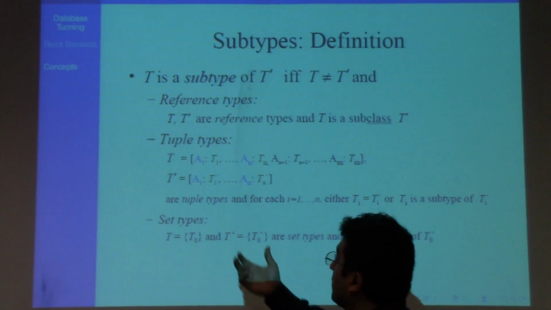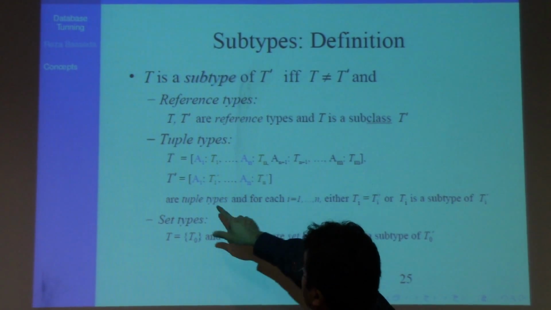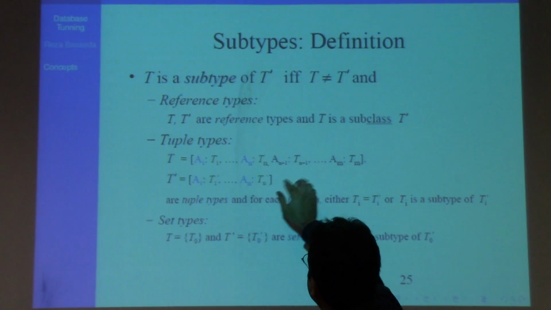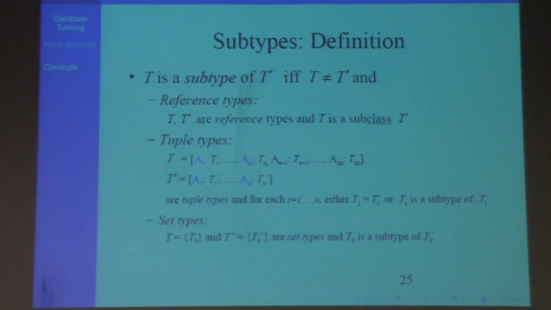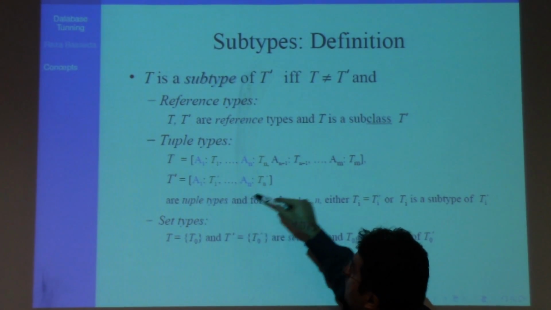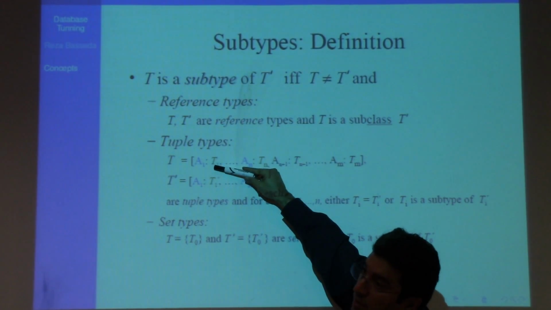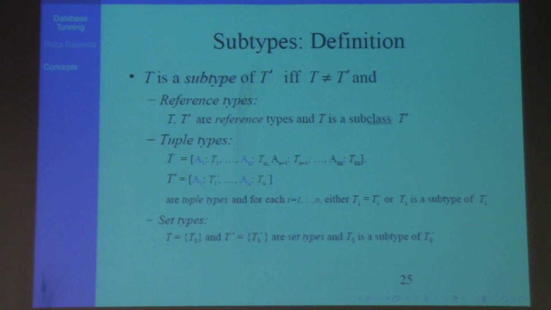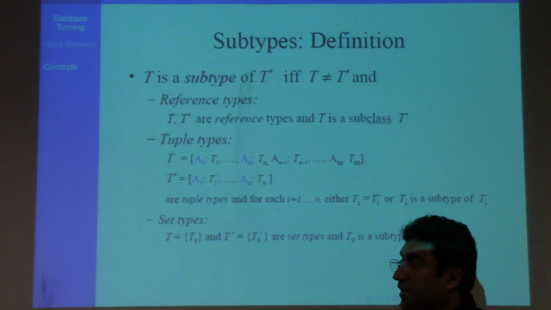If you have T as A1 to Tm, and T prime is A1 to Tn, and note that n is less than m, they are subtypes if and only if for the common part, names are the same and the types are subtypes of each other. Yeah, well, I need to give examples next.